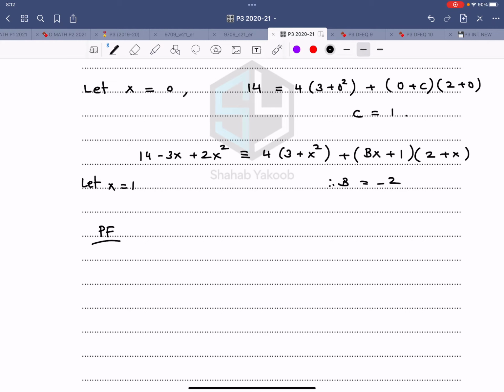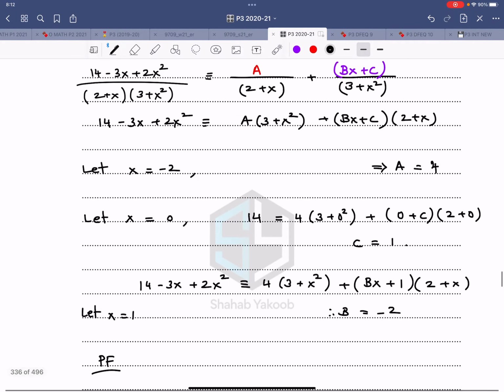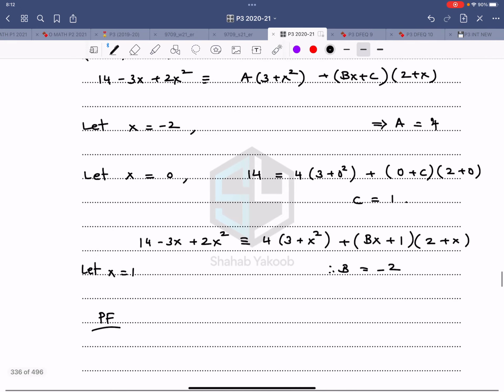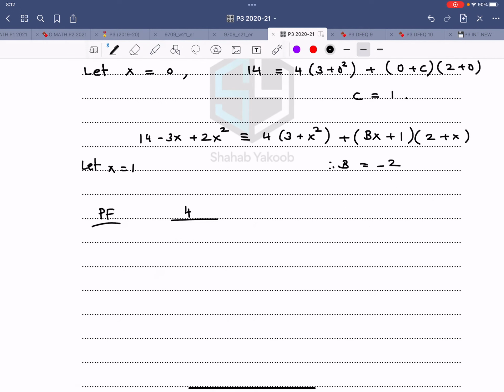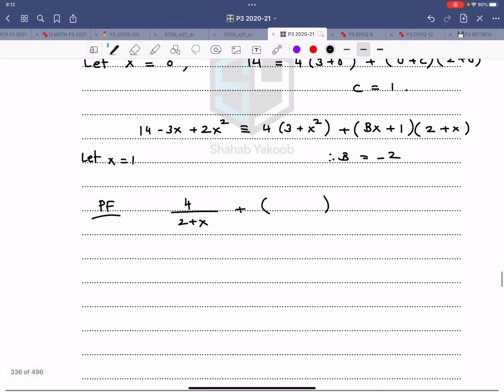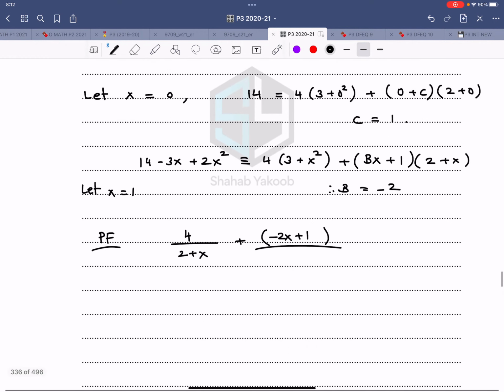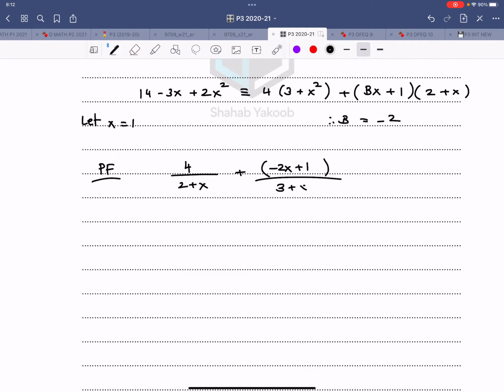A is the numerator of 2 plus x, so a is 4. So this is 4 over 2 plus x. And bx plus c, so b is minus 2 and c is 1. So this is minus 2x plus 1 divided by 3 plus x square, and that is how this working is done. Now let's move on.